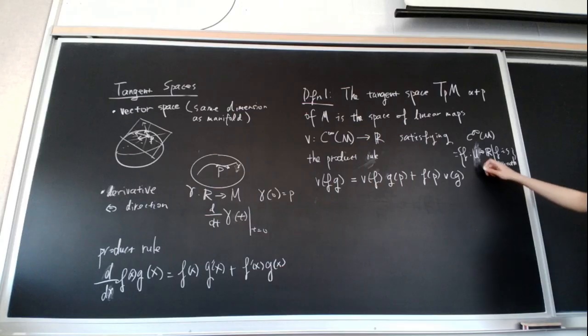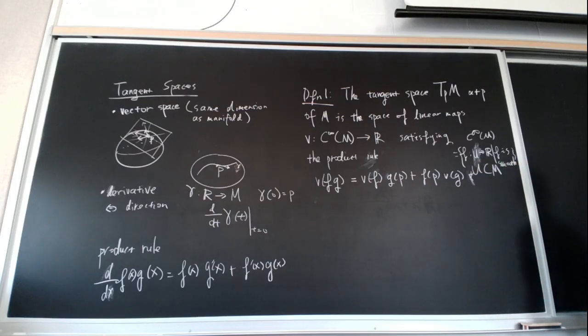Yeah, the thing is, it's always the same, because if I have any function on U, I can always extend it to a function on M, where it's the thing you want on U, and then outside it's 0 or something like this.